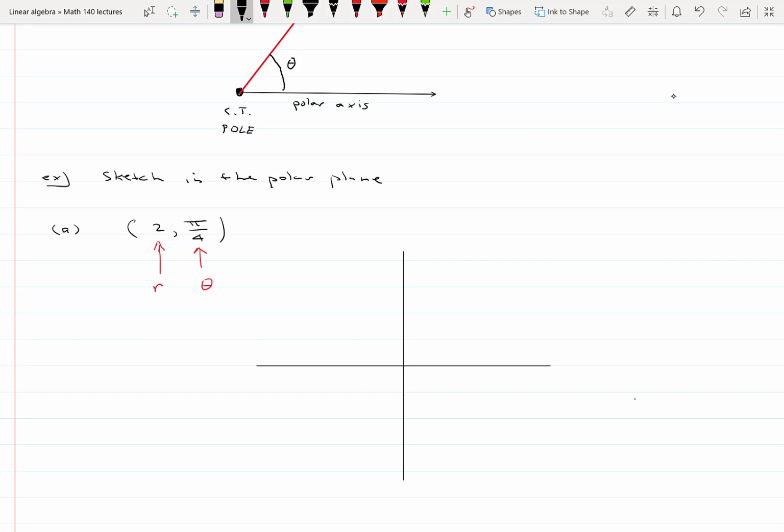Okay. Now, when I plot points myself, I like to consider the angle theta first. So I would rotate a copy of the x-axis, not just the positive x-axis, but the entire x-axis through an angle of pi over 4. So let me see if I can do that.